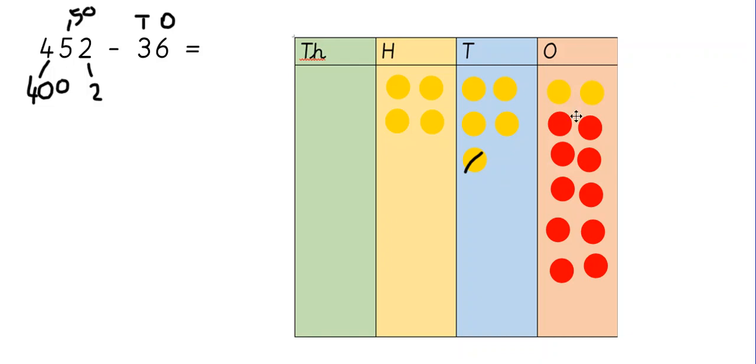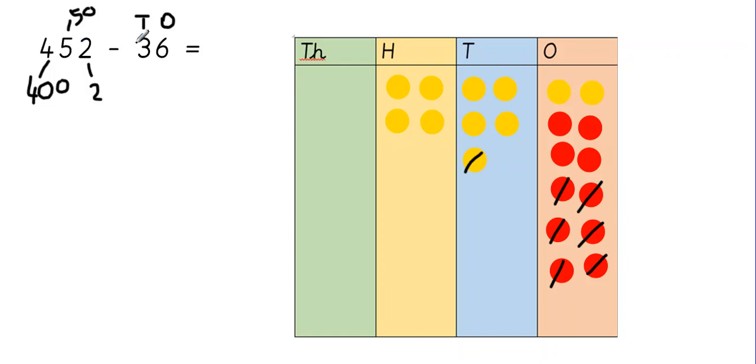So now in our ones column, we've got 1, 2, 3, 4, 5, 6, 7, 8, 9, 10, 11, 12. Okay, so because we've got 12 in our ones column now, we can easily take 6 away. So I'm going to cross out 6. So we've got 1, 2, 3, 4, 5, and 6. Okay, so that's your ones column.